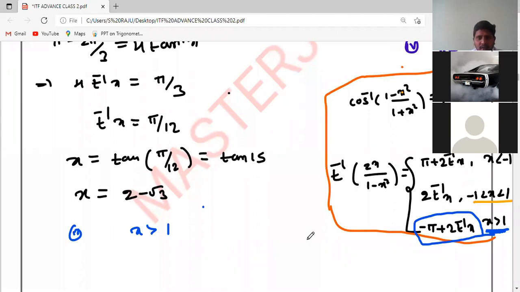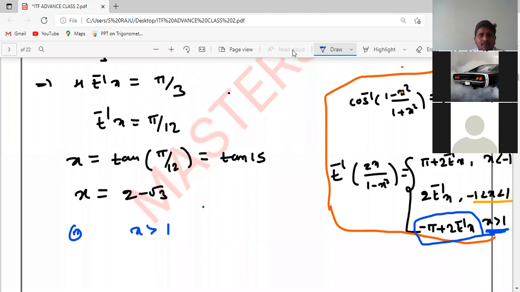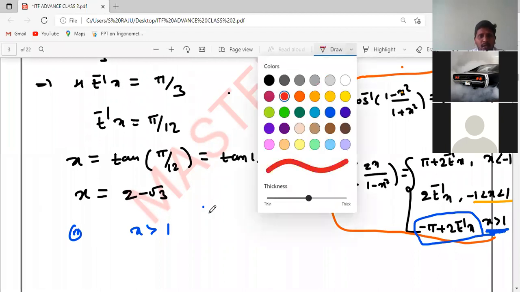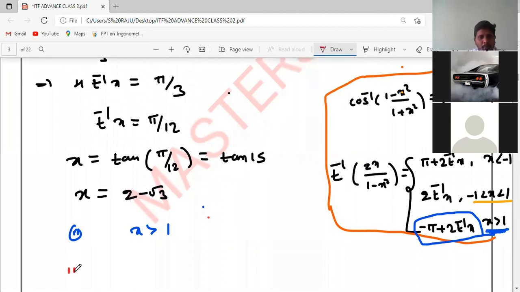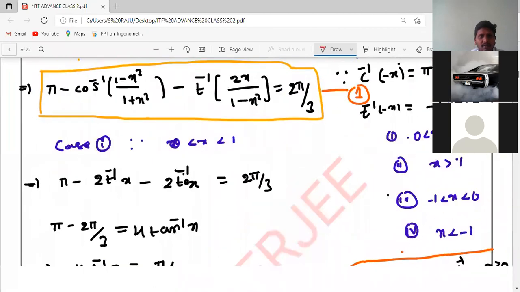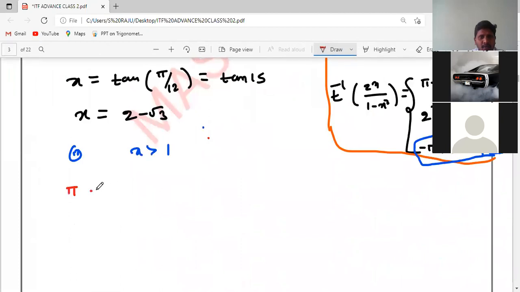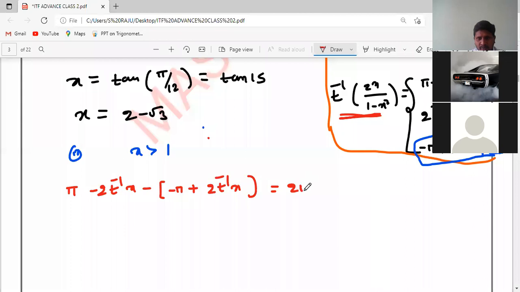Am I right? So from equation 1, it can be written as pi minus 2 tan inverse x minus the tan inverse of 2x by (1 minus x square), minus pi plus 2 tan inverse x is equal to the right side, 2 pi by 3.